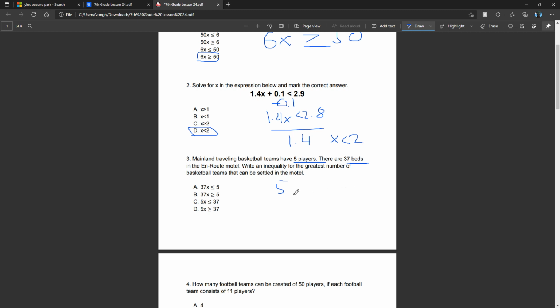So it should be 5x. And it's just the greatest number, so that means this will be less than or equal to the beds, since it's the greatest number. And if we look, C is our answer.